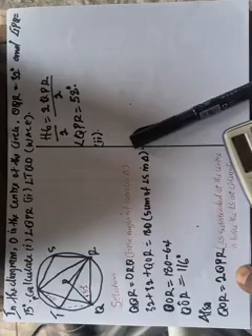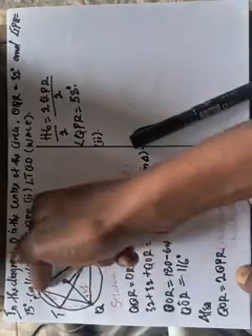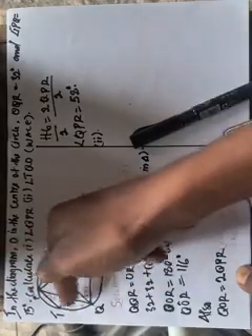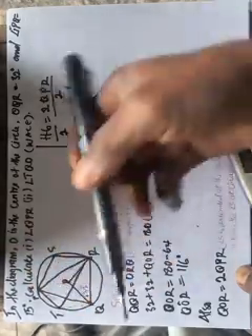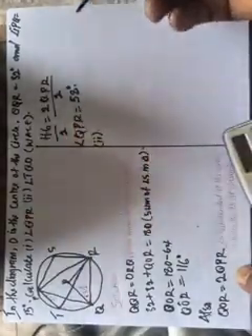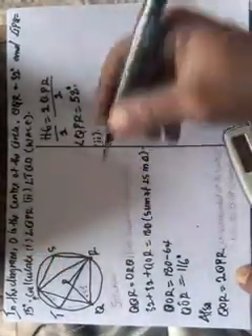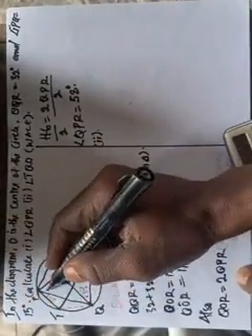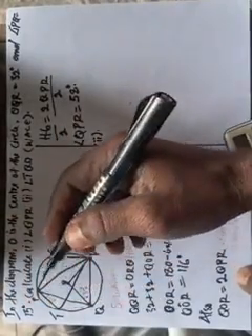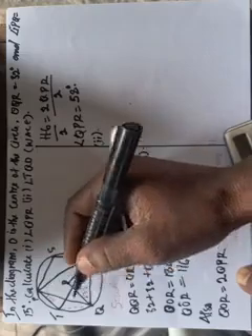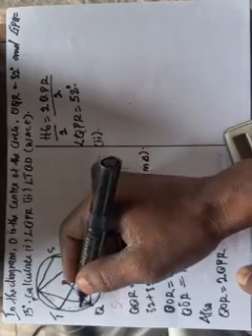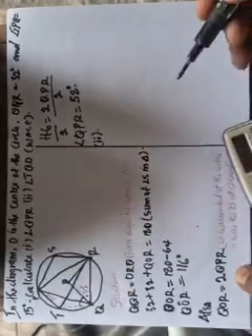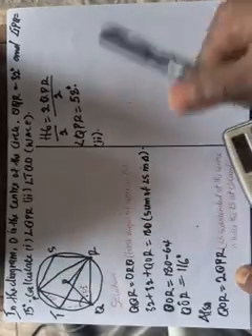And what's the rule or theorem of a cyclic quadrilateral? It states that opposite angles of a cyclic quadrilateral are supplementary, meaning if you add them up, it will give you 180. So we can simply say this angle here, that's 15, plus this angle 58, plus this angle 32, plus this angle we are about to calculate is equal to 180.